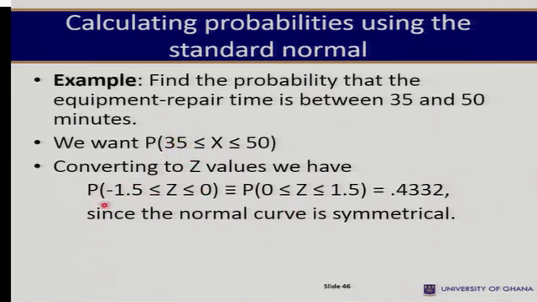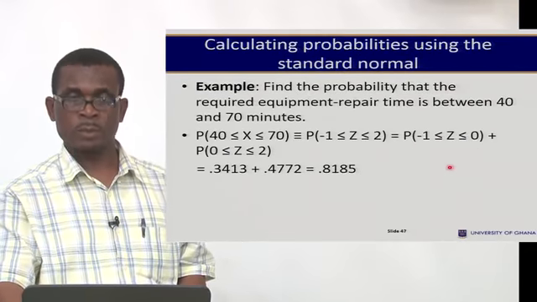But the probability that it lies between minus 1.5 and 0 is the same as it lying between 0 and 1.5, because the curve is symmetrical. So all you have to do is to read in the half table for 1.5 under 0, 0, and it gives you 0.4332.